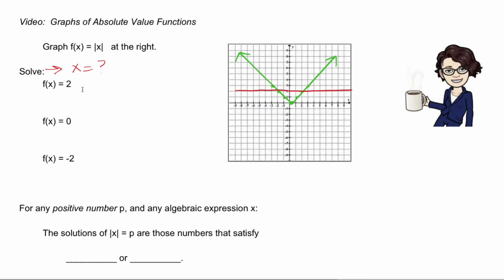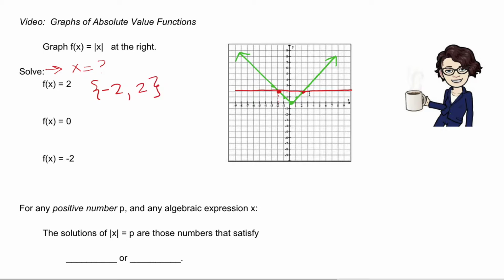So I want to know specifically, when is my absolute value function, that green, equal to 2? Well, at 2 points: at -2 and at +2. So we say the solutions, because these are x values, we write in solution set notation, -2 and +2.